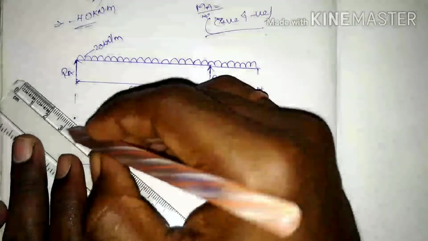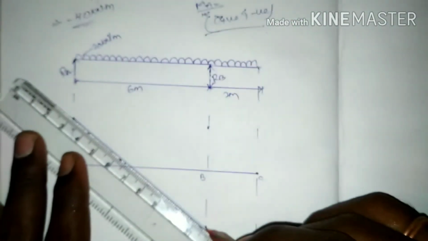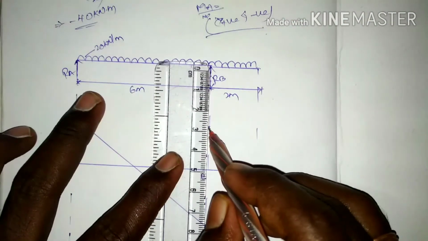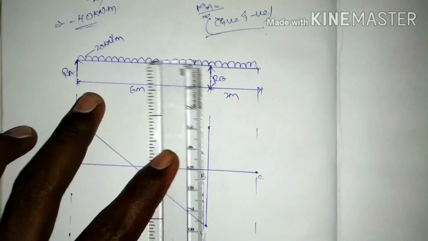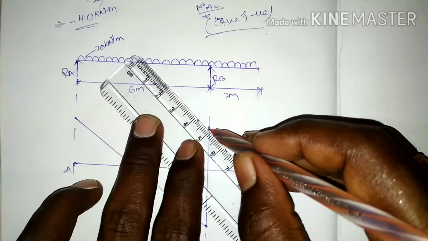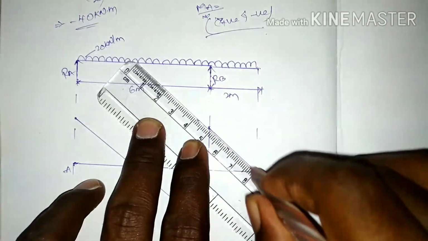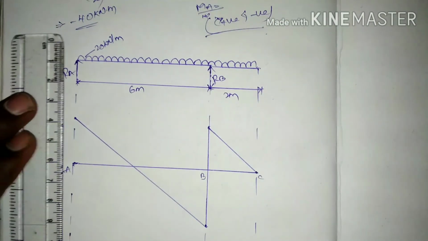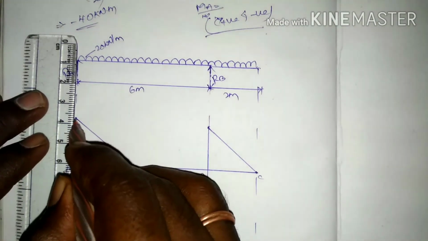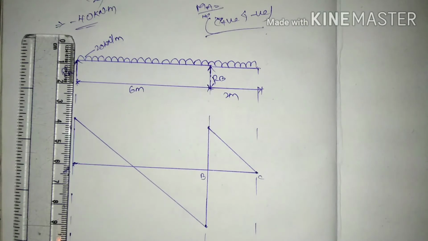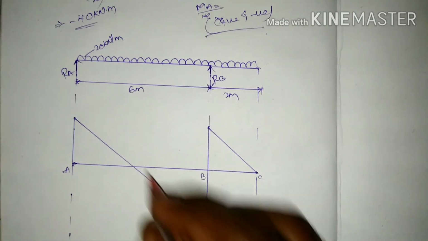Here we get inclined lines because we have an entirely UDL, so the lines from point to point are going to be inclined. At the supports, at the reactions, we only have straight lines. After all these, we have inclined lines like this.